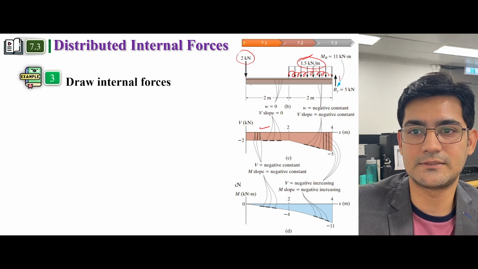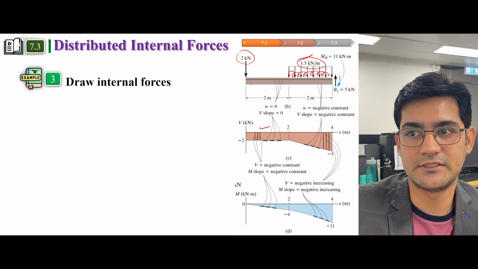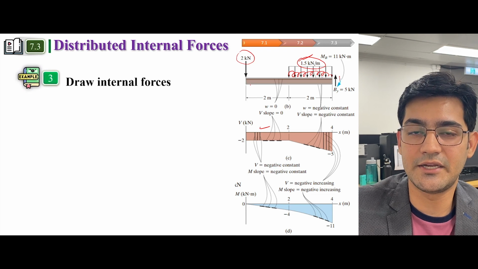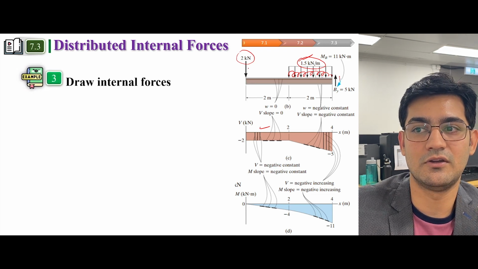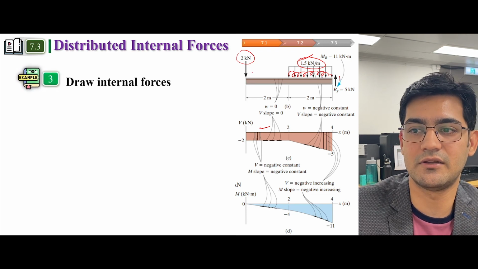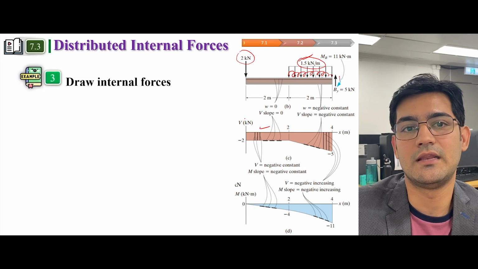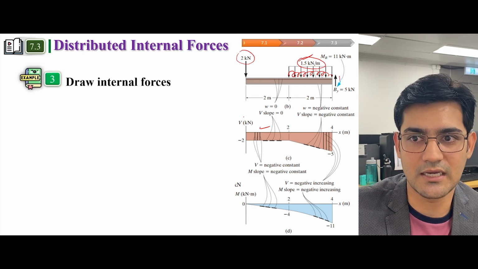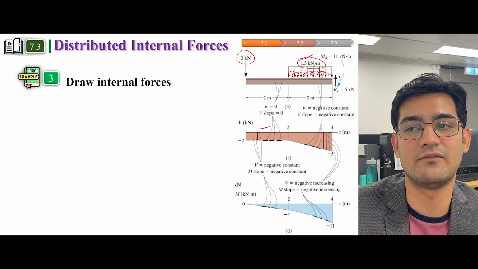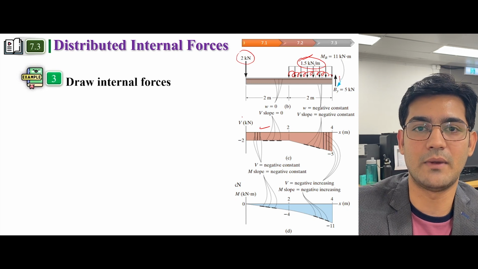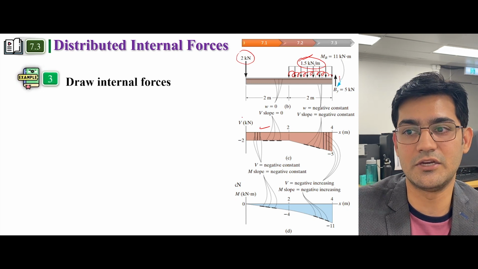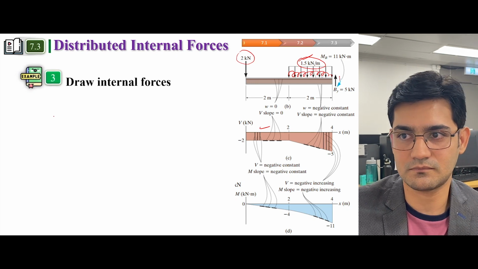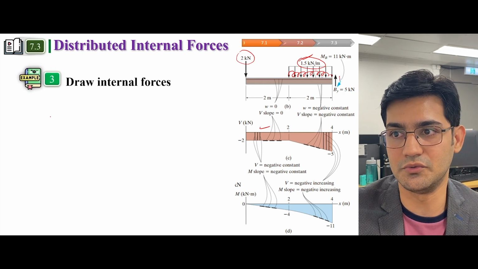As explained in the couple of slides, we just have to take the integration of these loadings, and by integration we'll get the shear force. Now integration means that I just have to keep on adding whatever the loadings I'm getting, and by doing this we will determine the shear force. So let's just try to do this.